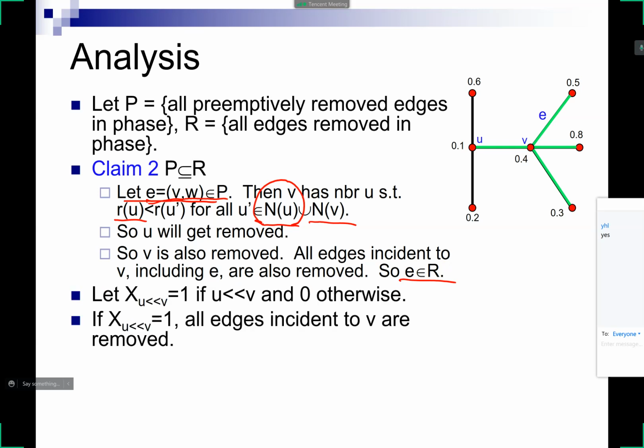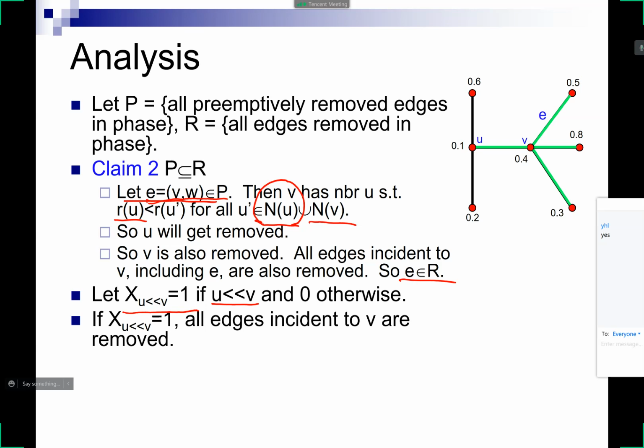Okay, all right. So next, before we do the other claims, we're going to define this little notation here. We're going to define an indicator variable x of U, V: U preemptively removes V. This is going to be 1 if U preemptively removes V, and 0 otherwise.